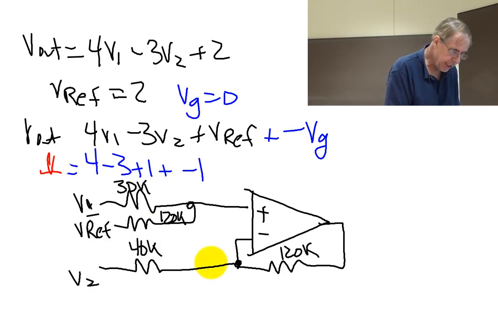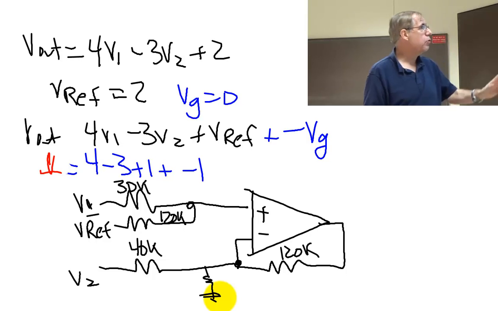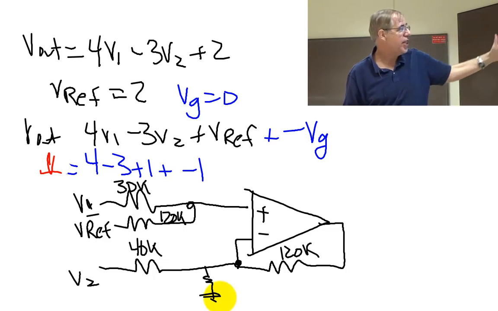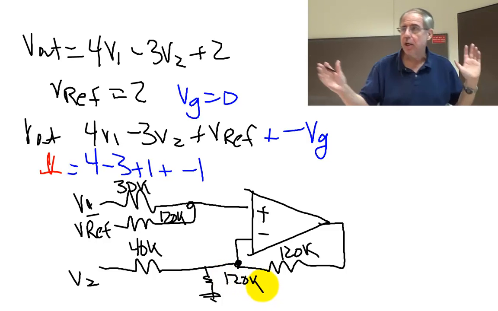I got one more. I got a ground right there with a ratio of 1. It's negative because it comes in the negative terminal. 120K, ta-da, I'm done.